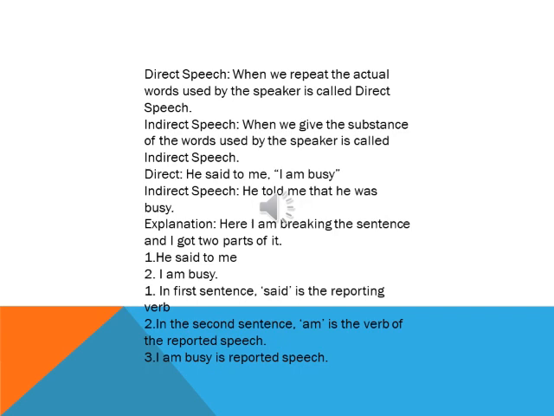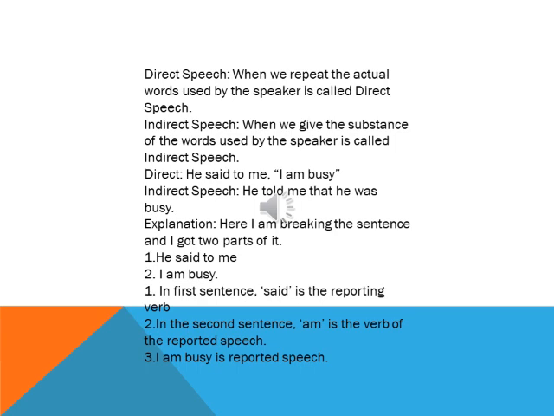The first part before the inverted comma is said to be the reporting verb, and the verb inside the inverted comma, that is am, is the verb of the reported speech. And the whole thing, I am busy, inside the inverted comma is the reported speech.